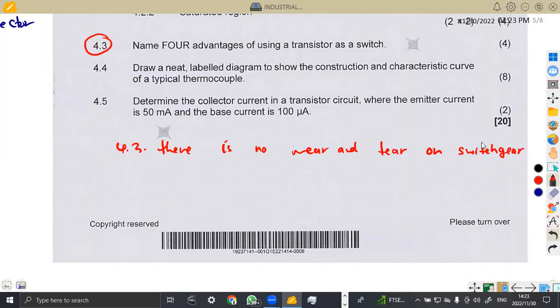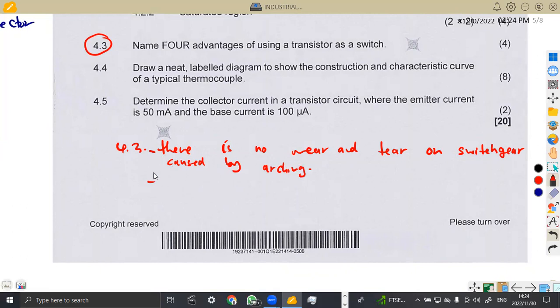So it's better for us to have transistors, because of what? Arcing. So there's no wear and tear on switchgear caused by arcing. Yes, you can write caused by arcing. So that was the first one.